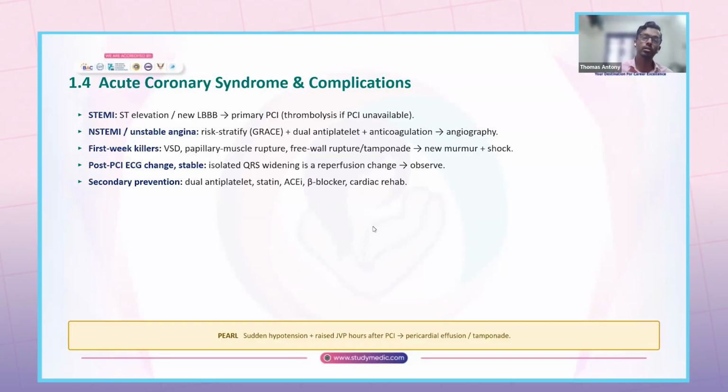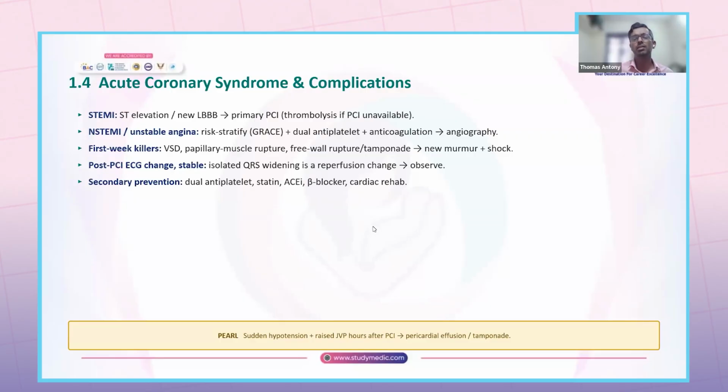These present usually with a new onset murmur, because these are all mechanical problems, ruptures of the free walls or the papillary muscles, and you can have shock depending upon the severity. Post PCI ECG changes, if the patient is stable, isolated QRS widening is a reperfusion sign.